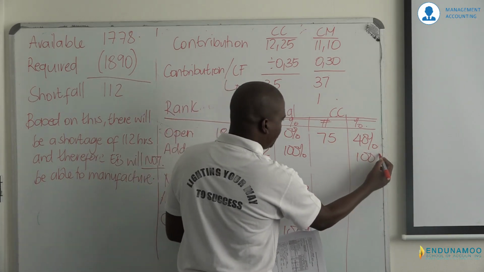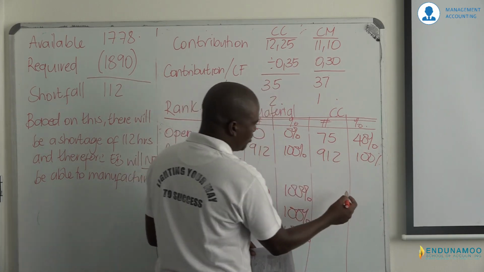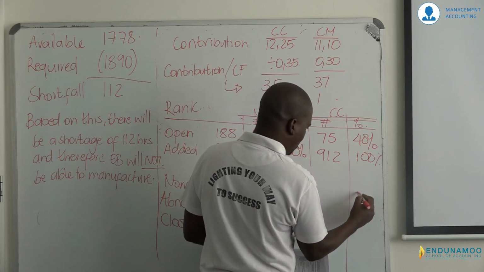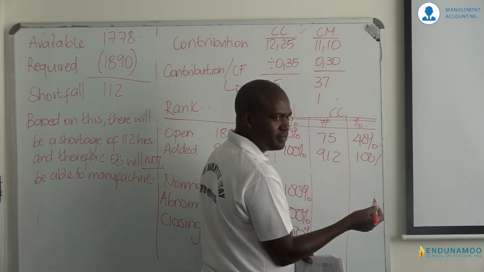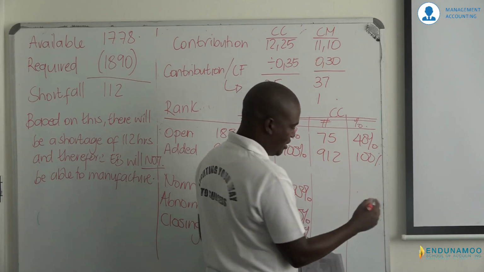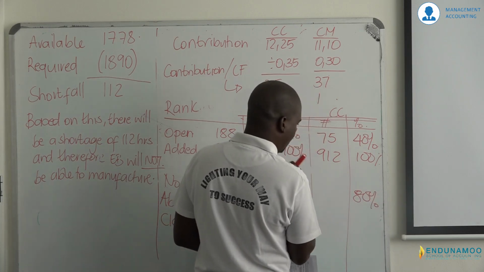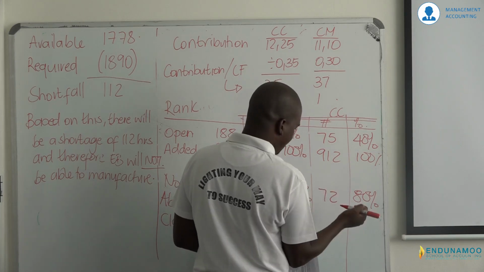Then for added, 100%, right? Good. Then now, normal loss. By the time we lost it, where was it sitting? Remember, 80%, right? And that would have been what? 72, right?